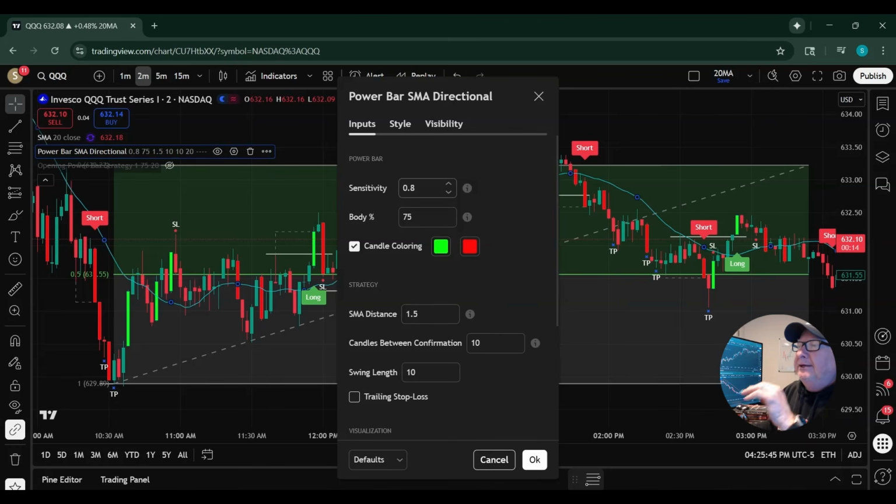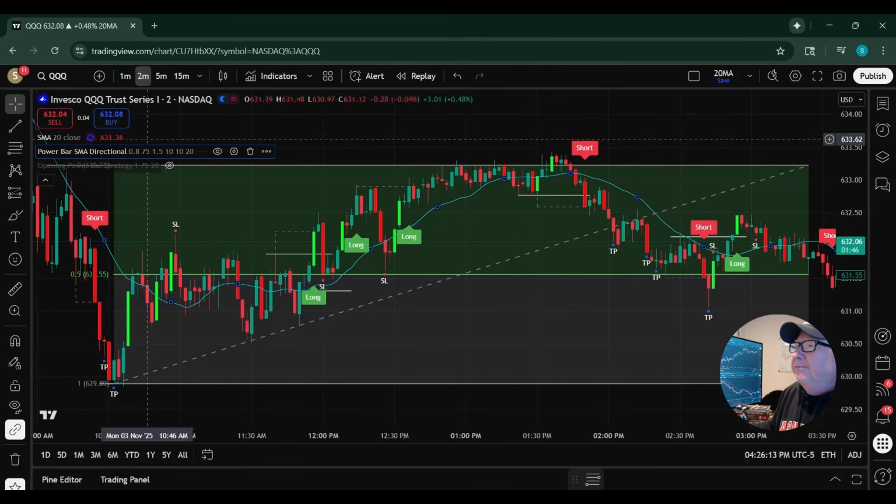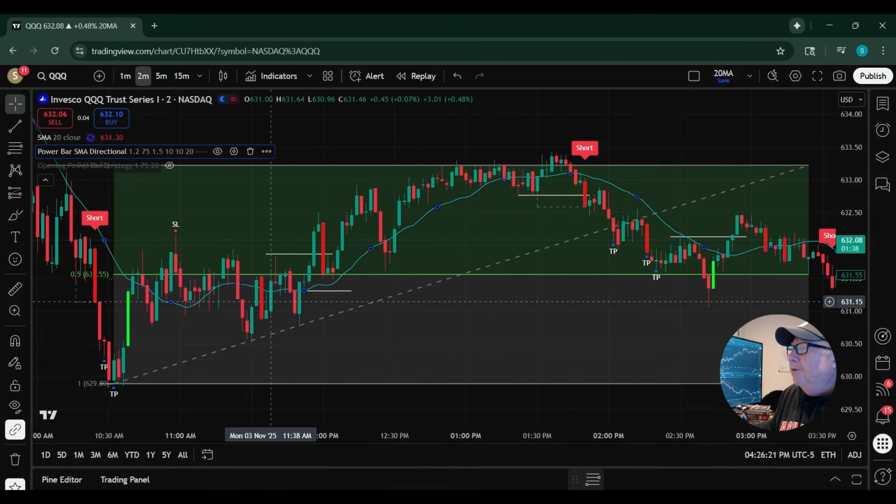If you're in chop and you recognize it, or if you are in a range like this and you can clearly see it, simply bump up the sensitivity. And usually around 1.2, you'll see those buys disappear, right? So again, the default is 0.8, and you can see the buys and the shorts. Here are the longs, 3 longs here, a short, and a long. When you bump up the sensitivity to 1.2, you don't get any of the longs.